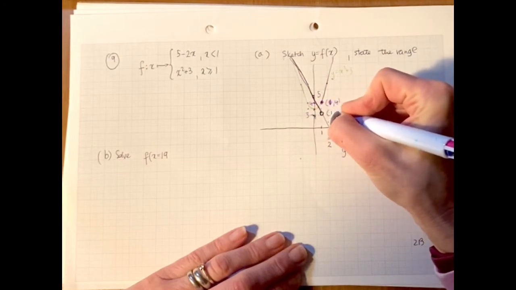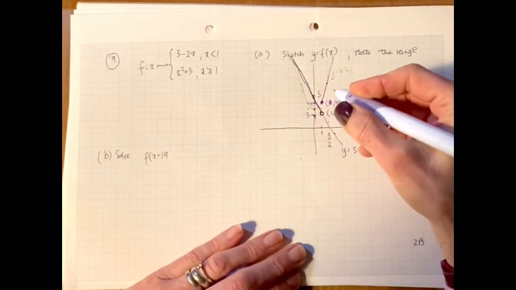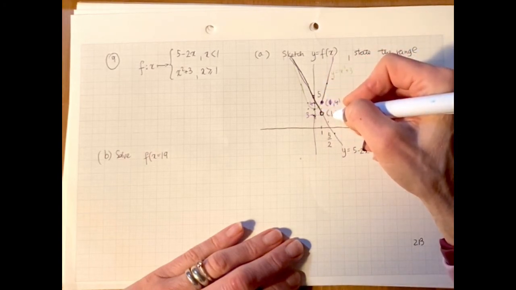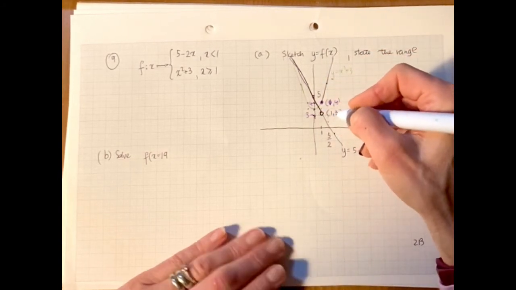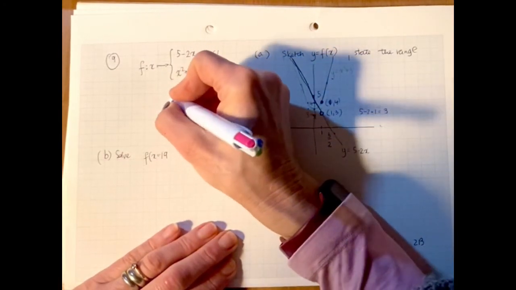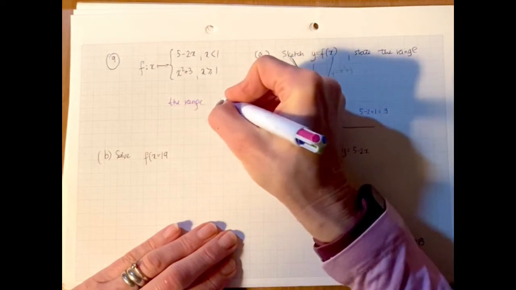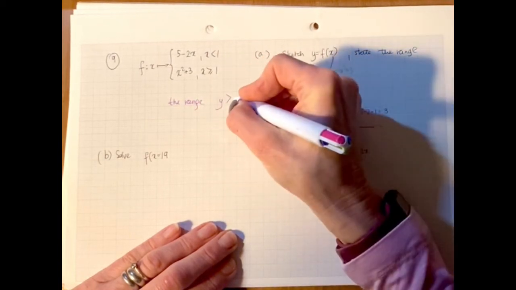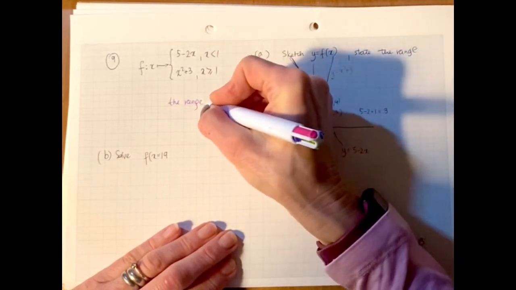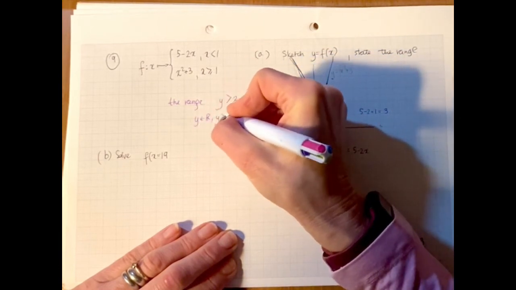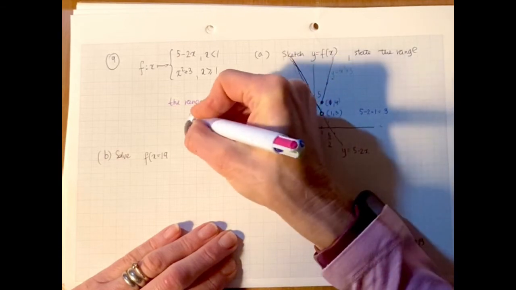So this point is 1, 3, and then you get all the values above it. Now the 3 will not be included. So the range is y is greater than 3. You could write it y belongs to real values and y is greater than 3 in the set notation.